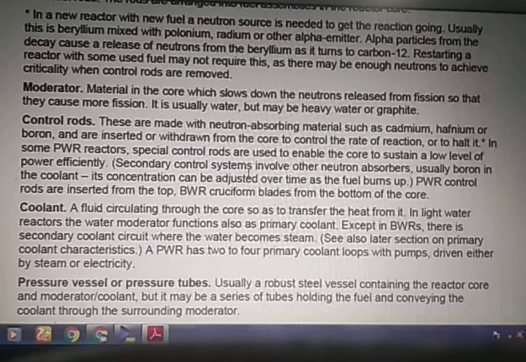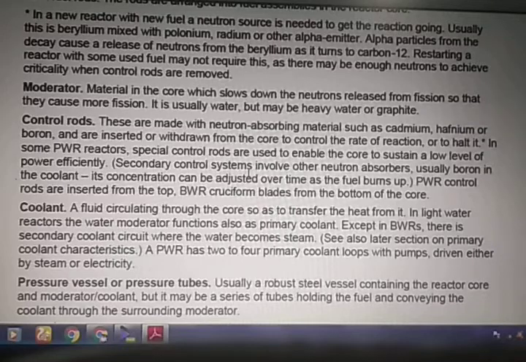Another important part of the nuclear reactor is the coolant. As we know, when these reactions take place, heat is evolved. Total heat is not utilized to convert into electrical energy. Some of the heat is dissipated.